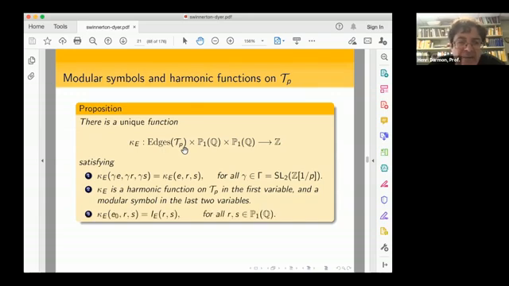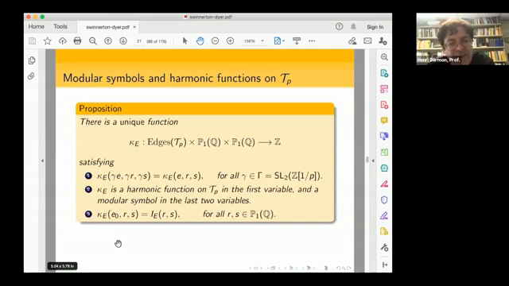And finally, the third condition, which pins it down completely, is that one should recover the original modular symbol I sub E R S when restricting to the singleton consisting of that single edge E0, whose stabilizer is gamma naught of P.